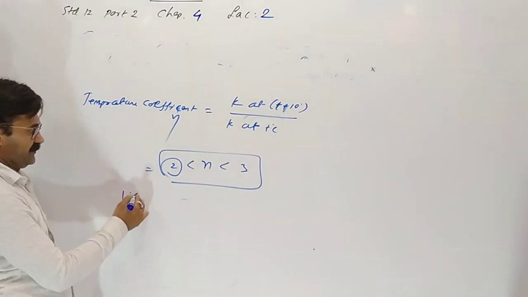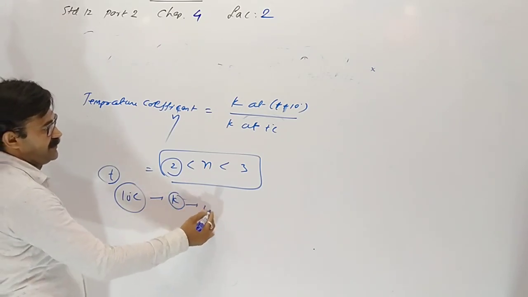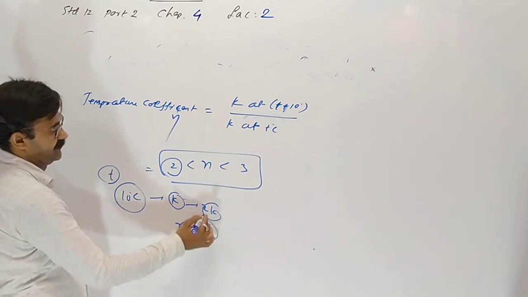So when we increase the temperature by 10 degrees, the rate constant becomes double, so the rate of reaction also becomes double.